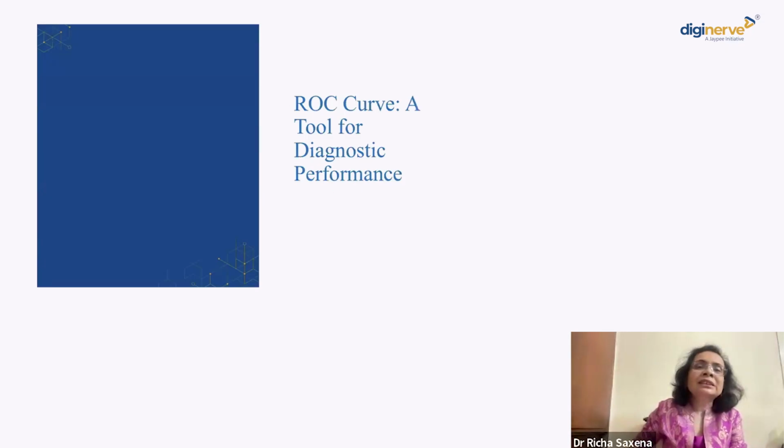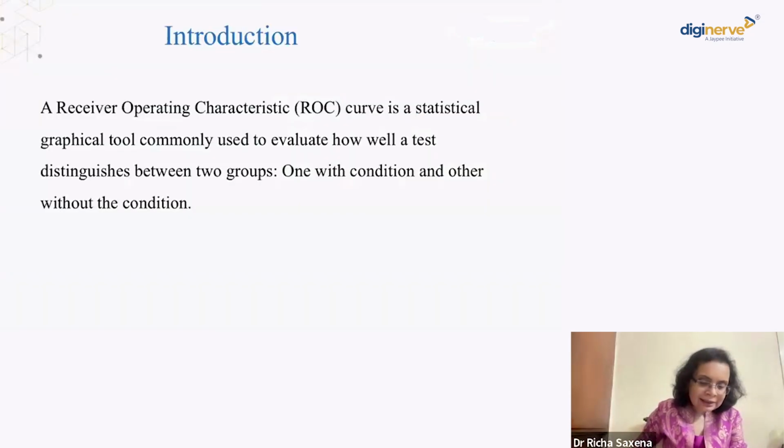ROC stands for the receiver operating characteristic curve. This is basically a graphical tool, in the form of a graph or an image, which helps us evaluate how well a test is able to distinguish between two groups. What are these two groups?